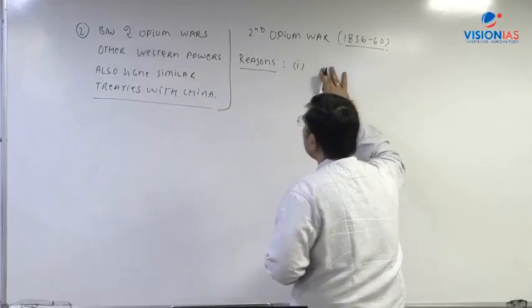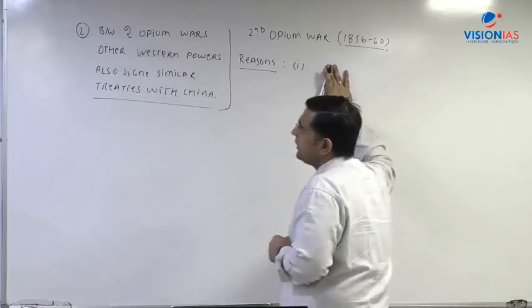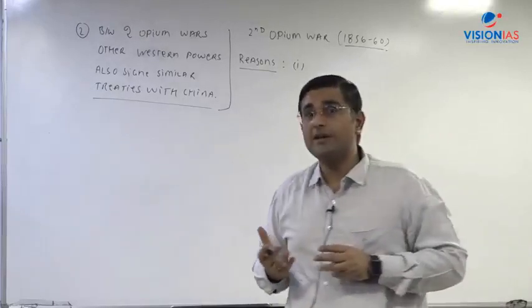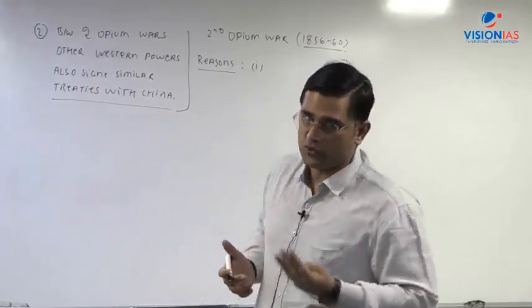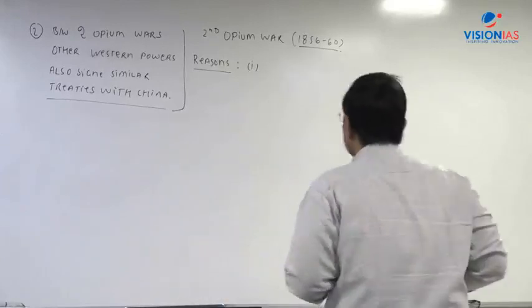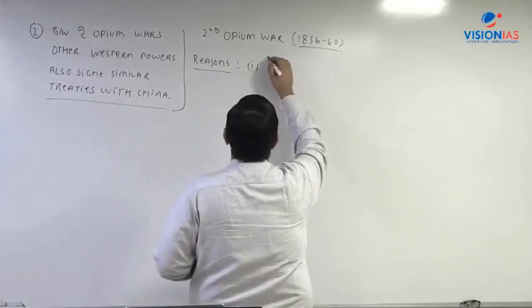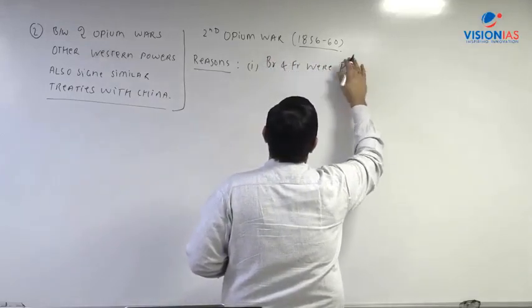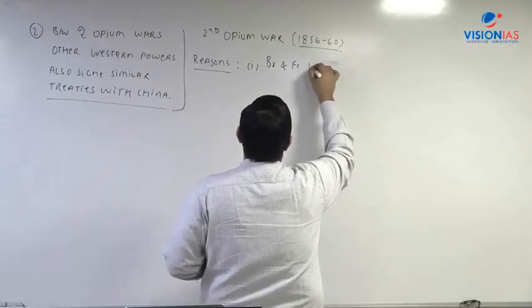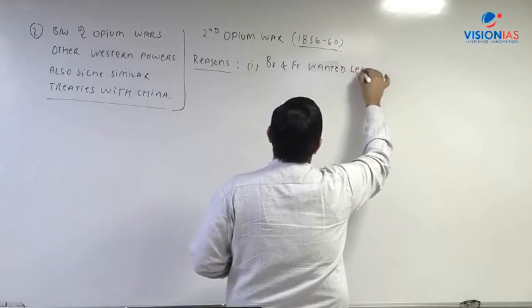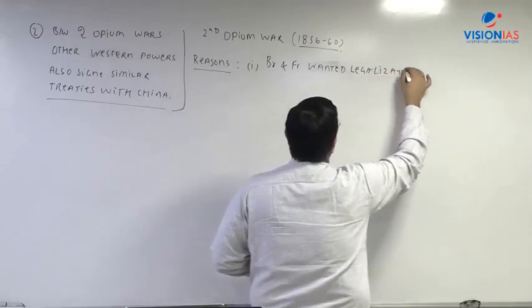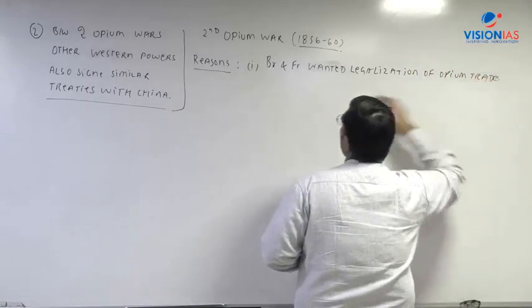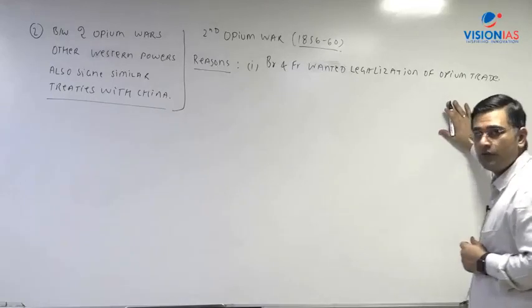The first component in the Second Opium War is that there was pressure by the Europeans, the French and the British, on the Chinese to legalize the opium trade, because the opium trade was continuing but still illegal. So the British and the French wanted legalization of the opium trade.